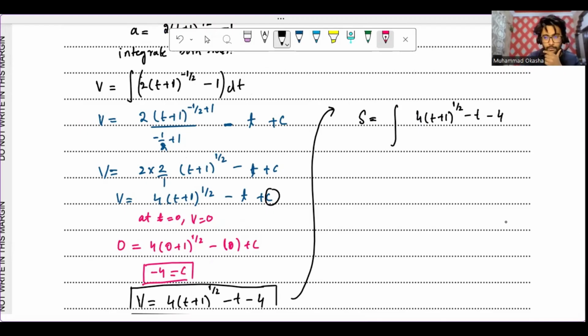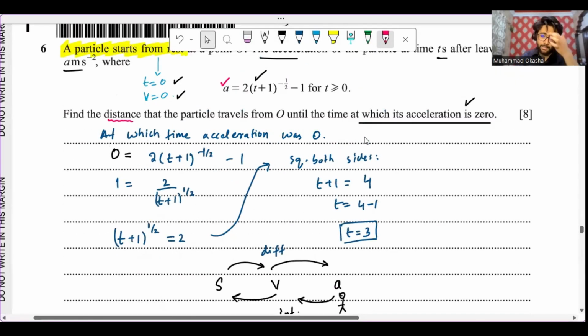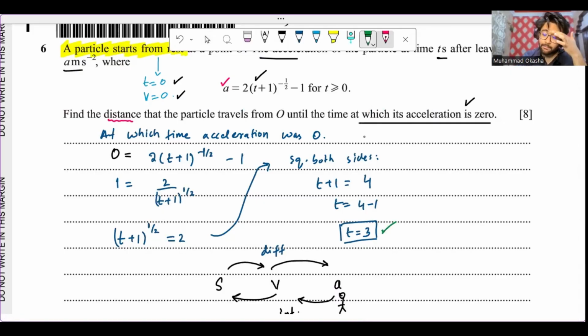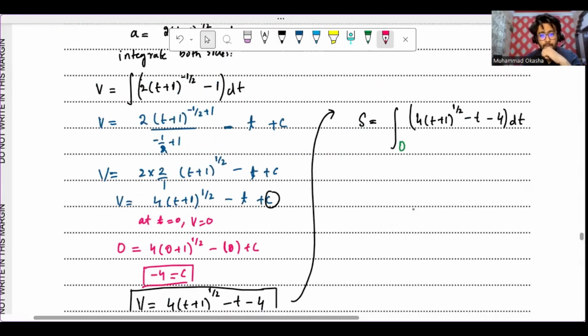And now if you carefully notice, this is integration in dt, so I can put in the upper and lower limits for time. Time starts from 0. And at what time was the acceleration 0? The time at which the acceleration was 0 was t equals 3. So the lower limit would be 0, the upper limit would be 3.